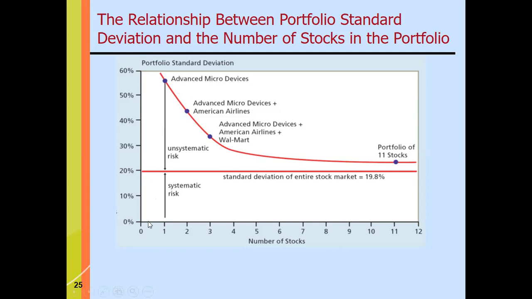We can notice that with one stock, we have, of course, the highest standard deviation for the portfolio, and the highest risk in SD, but of course we can translate that into returns as well. So highest risk, highest return, and then we go lower.